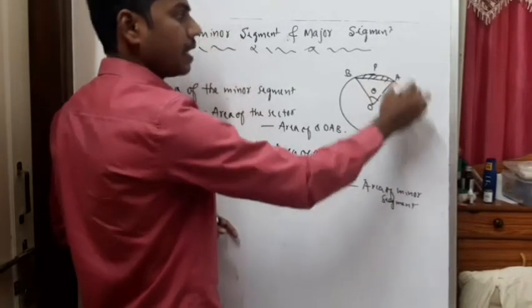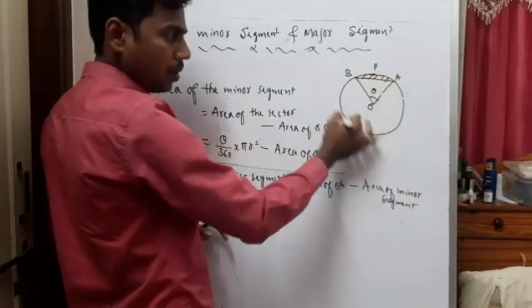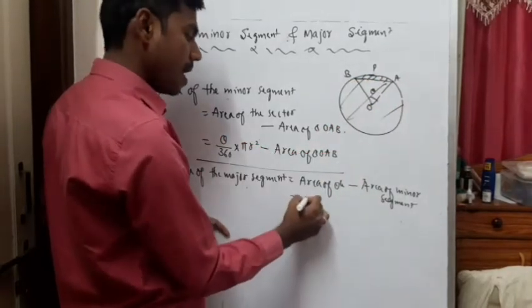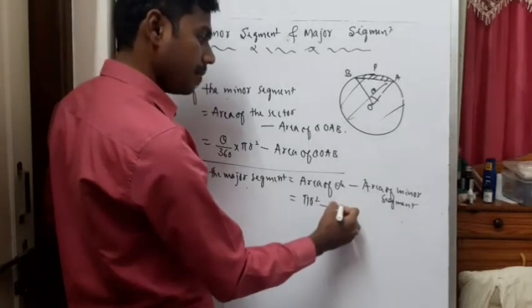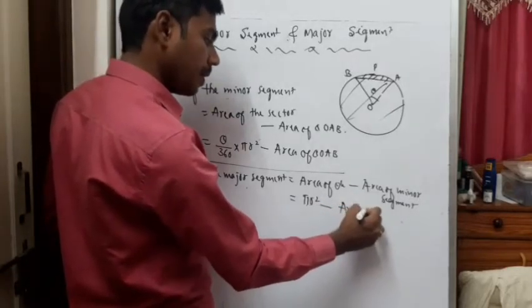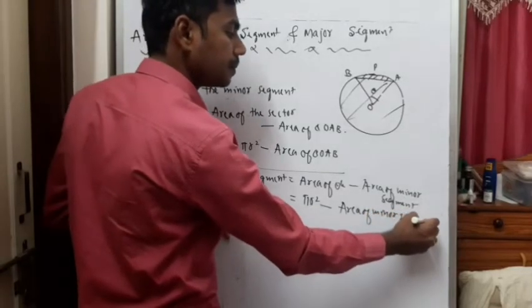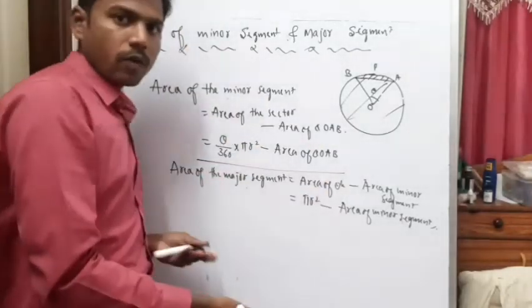See, from the entire circle area, if you remove this area of the minor segment, you are going to get the area of the major segment. So that is pi r square minus the area of the minor segment. Okay, so please note this down. Then we'll move to exercise 12.2.